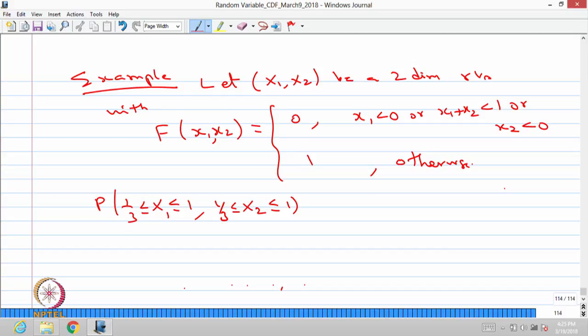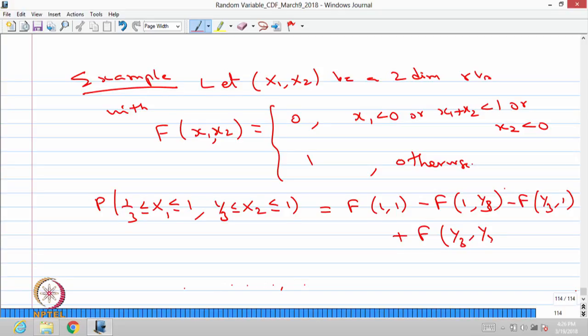If you compute this probability, that is nothing but f at the point 1 comma 1 minus f at the point 1 comma 1/3, using the same property, minus f at 1/3 comma 1 plus f at 1/3 comma 1/3.